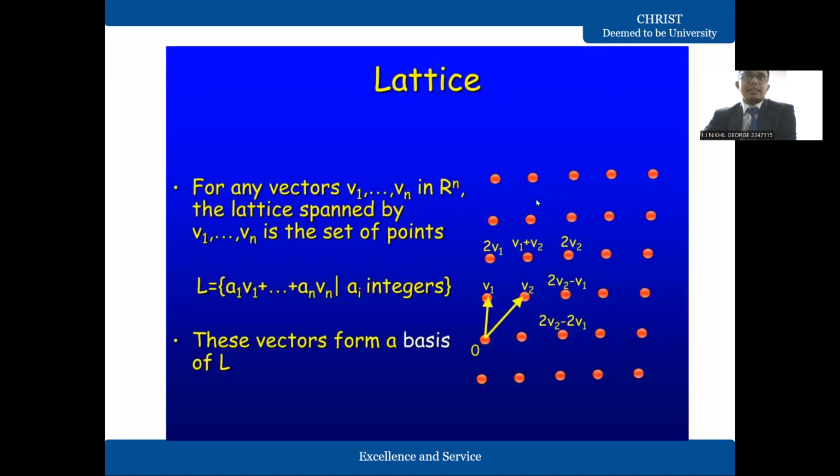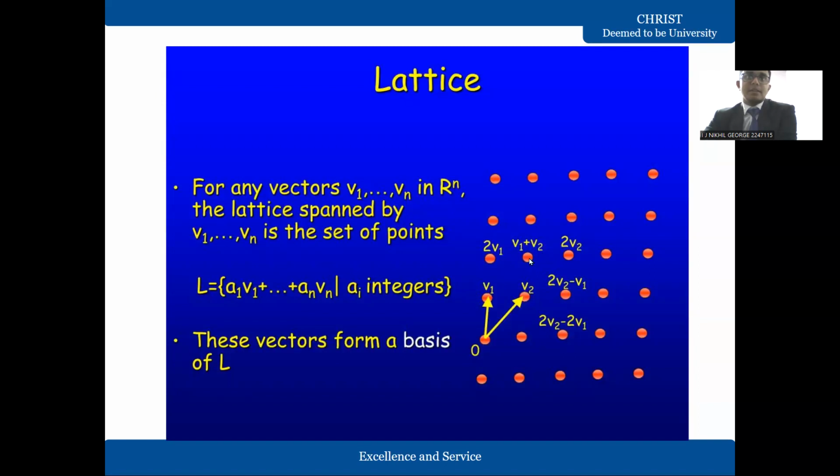So this is the lattice, and how we form n number of vectors will matter. If we move from the point v1 to v2, adding v1 plus v2 will give you the next point. Just like that, you keep going.